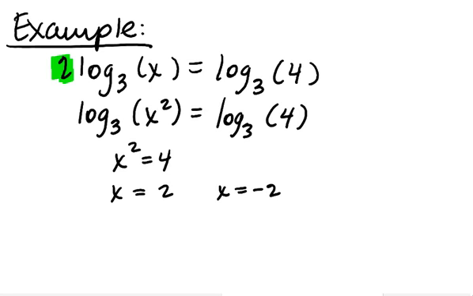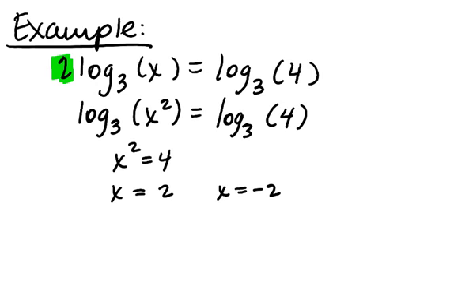But when this happens, you need to check your answers, because there's a chance that it could be an apparent solution, but then when you go back in, it's not going to work. And I'm going to just tell you that x equals negative 2 is not going to be a good solution, because when I plug it in for x, I'm going to be taking the log with base 3 and argument negative 2.